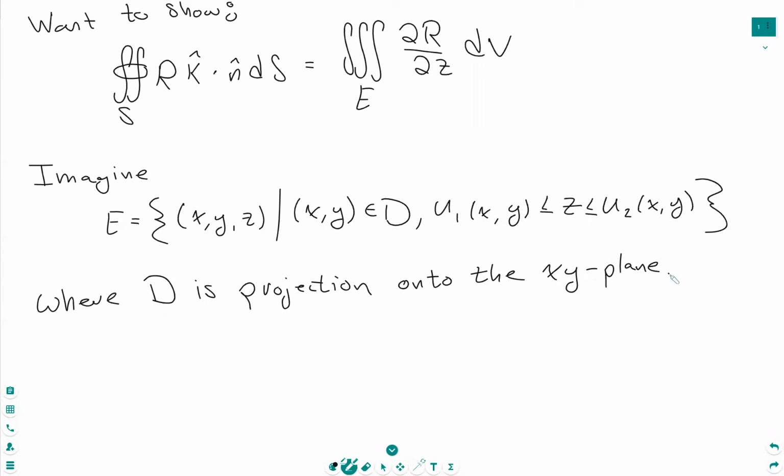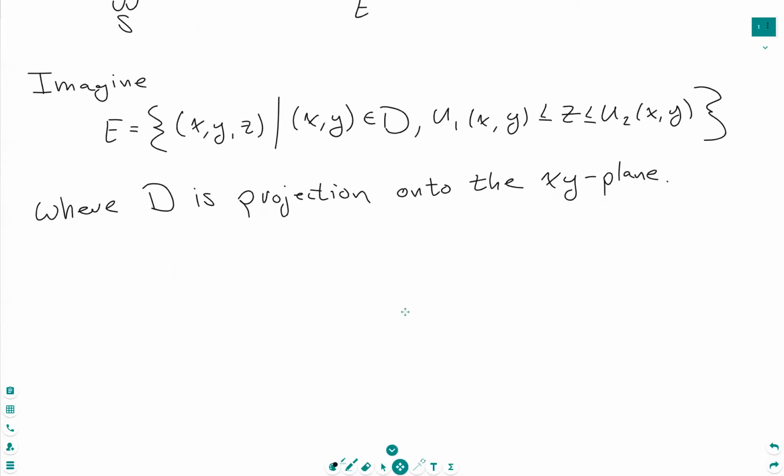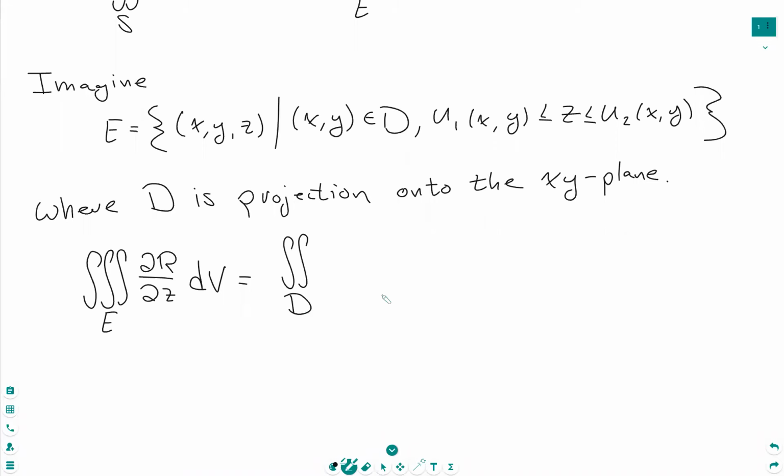So if that's the case, what we can do is write our triple integral over the region E of partial R partial z dV as the double integral over our projection D, and then we'll have our single integral in here of partial R partial z dz dA.